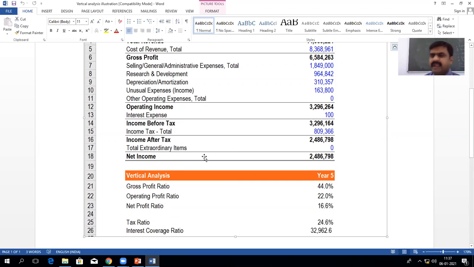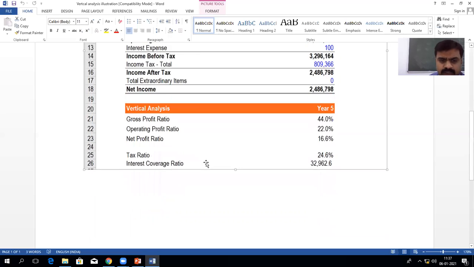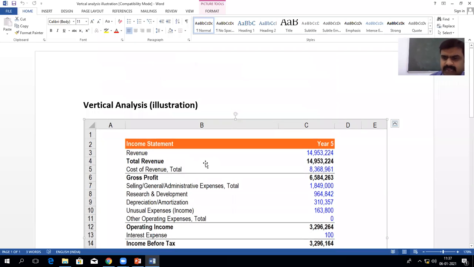For example, there was a flood and they had a huge loss. These are called extraordinary items. Like if there was a tsunami and so many assets were lost, that will become extraordinary items, which will be deducted from that, and then we'll get the net income. That net income will become your net profit. Okay, this is your vertical analysis.